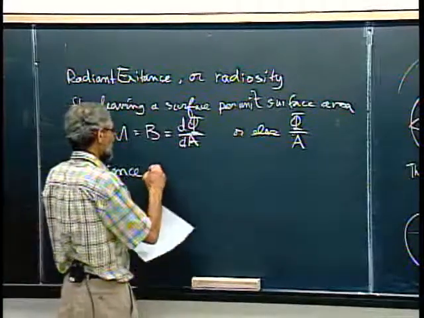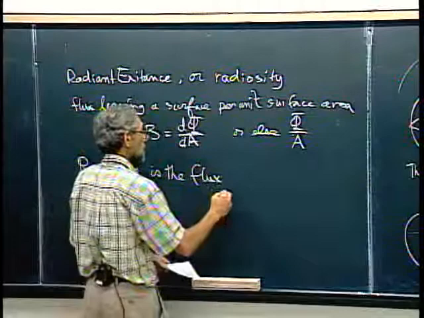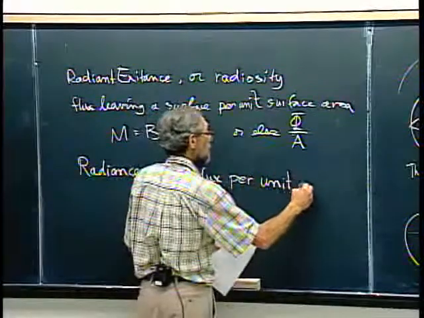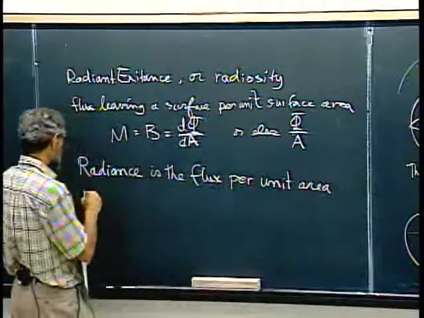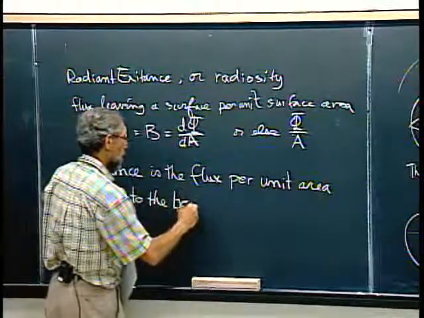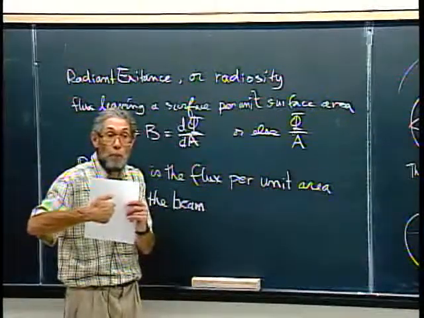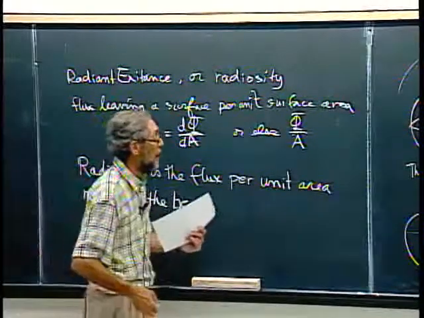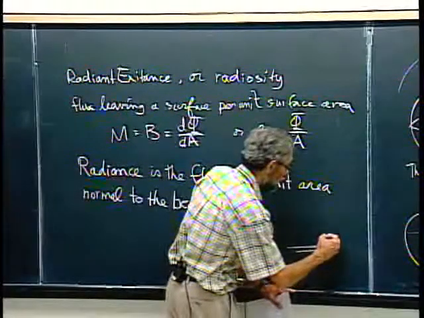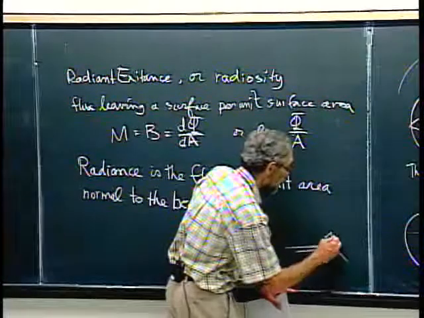So the radiance is the flux per unit area, say normal to the beam. So I always want to measure the flux per area normal to the beam. If I have, say, flux coming this way, and here is the area normal to the beam, but I actually tilt my piece of paper so it's more like that, right?